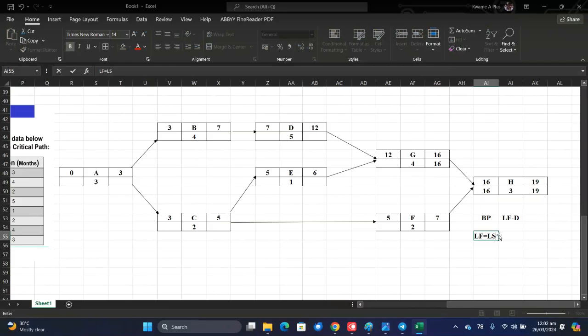So the latest start of activity one is the latest finish of activity zero. The same way, here becomes 16. So 16 minus 4 is 12.